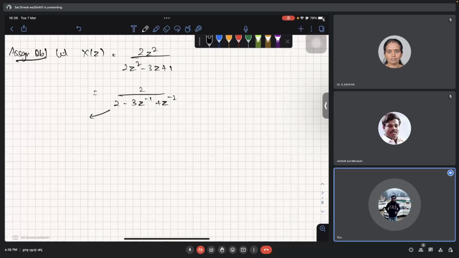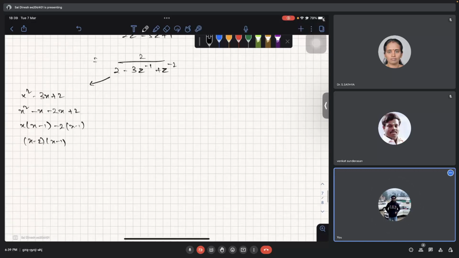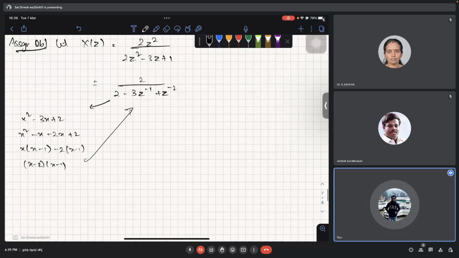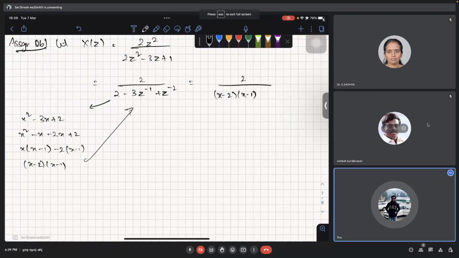So this is of the form like x square minus 3x plus 2. How do you do this? x square minus x minus 2x plus 2, x common, x minus 1, minus 2 common, x minus 1, so x minus 2 into x minus 1. So this will be of the form 2 by x minus 2 into x minus 1.